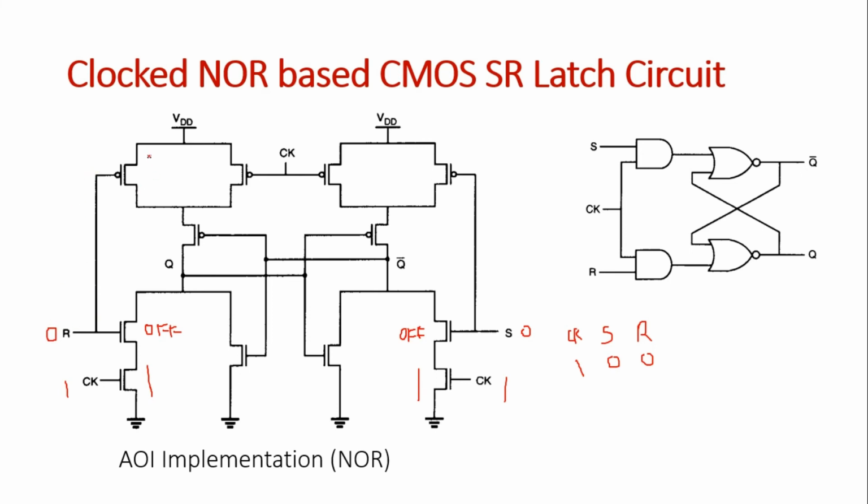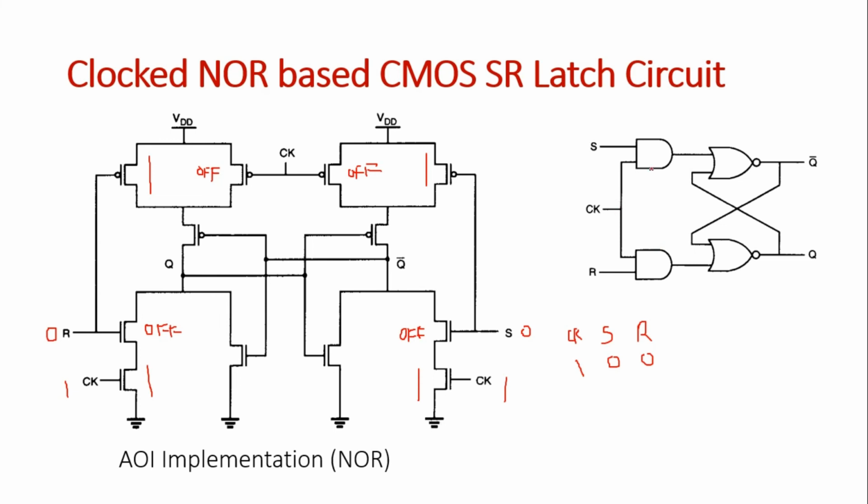So at the gate we have a logic 0 over here and it will be turned on, and we have a short circuit over here. The clock is 1 and it is off, so we will say it is off. Here again the clock is off. Here this is again a 1.